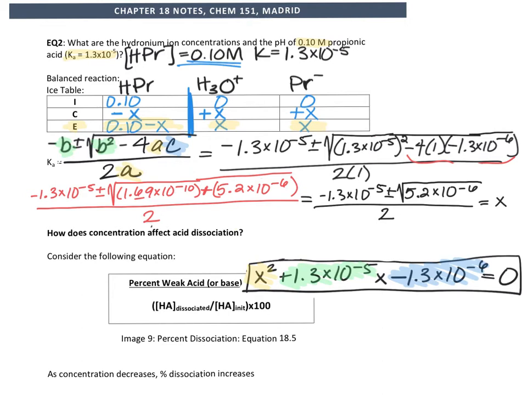All right, let's evaluate that. Take the square root of the 5.2 times 10 to the negative 6.